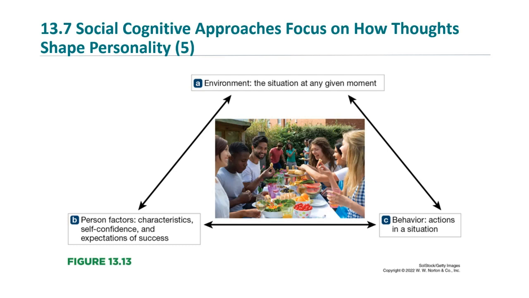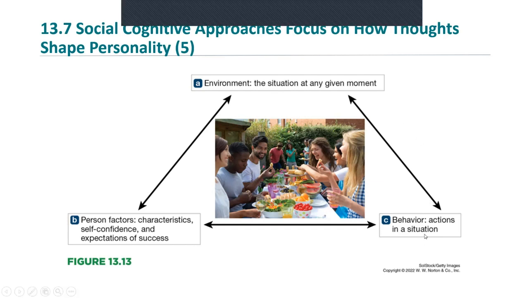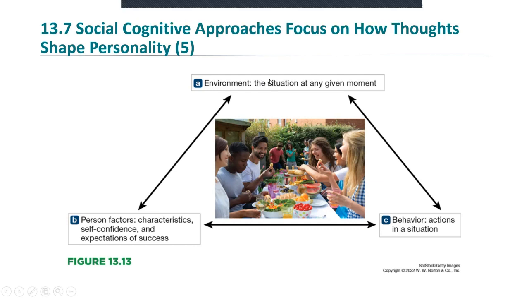Reciprocal means back and forth, in both directions, that your environment influences your behavior just as much as your behavior influences your environment. So imagine you're at this party here in this picture. You can imagine that your behavior is going to be influenced by what's going on around you at this party.